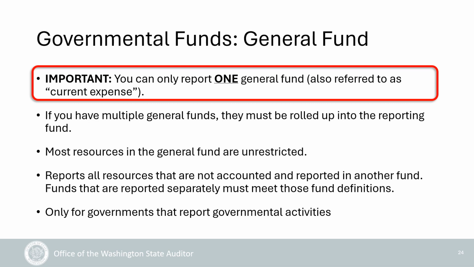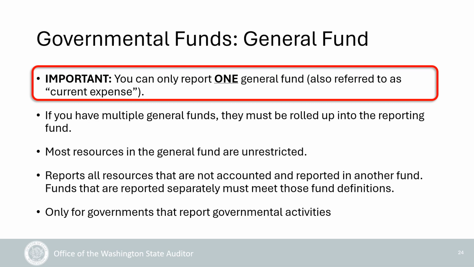The general fund reports all resources that are not accounted for in one of the other funds. As we'll talk about, the other funds have specific criteria that need to be met to use them, but the general fund does not. It's kind of the catch-all. If something can't be reported in another fund type, it goes into the general fund.